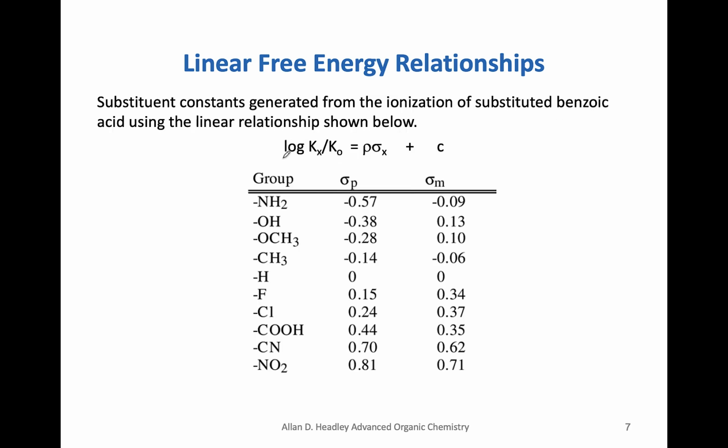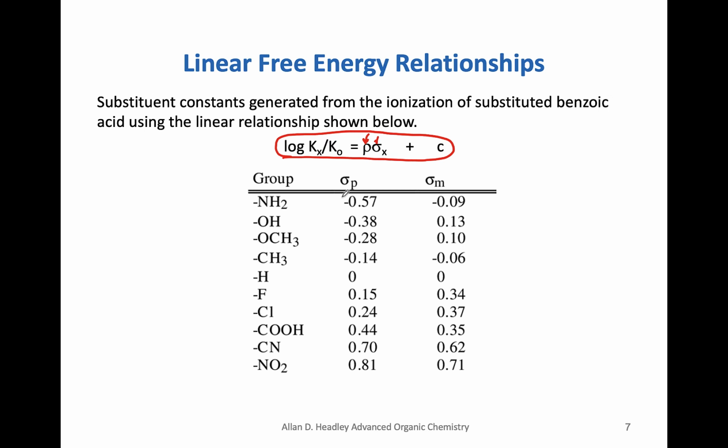So here's the equation again. This is the equation again here, where this is the slope and this is the constant, sigma rho. This rho here is the slope, and sigma here is the constant.